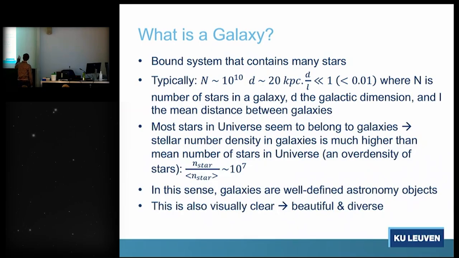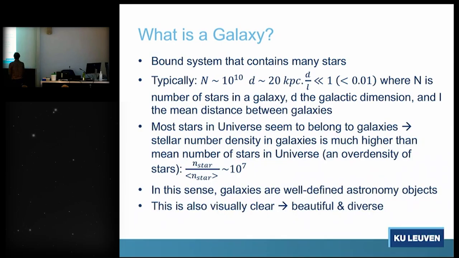That's also true for galaxies. And most stars in the universe seem to belong to galaxies. The stellar number density in galaxies is much higher than the mean number density of stars in the universe. Again, galaxies are, in that sense, an overdensity of stars, right?